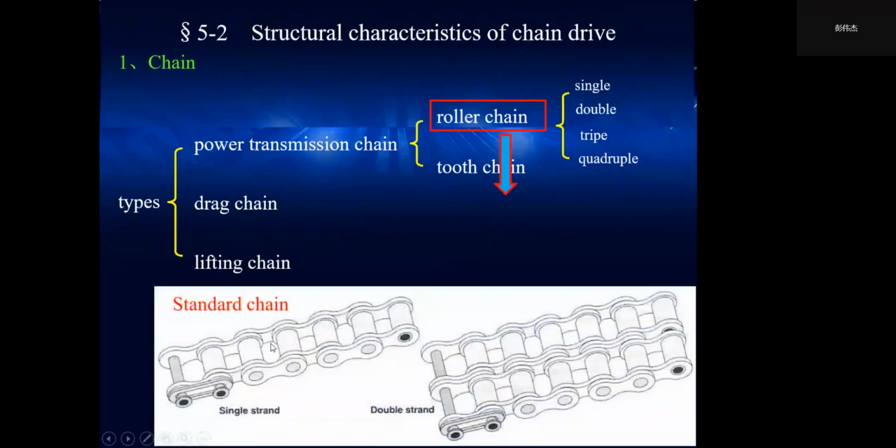The left figure shows the structure of a single strand roller chain, and the right is a double strand roller chain.